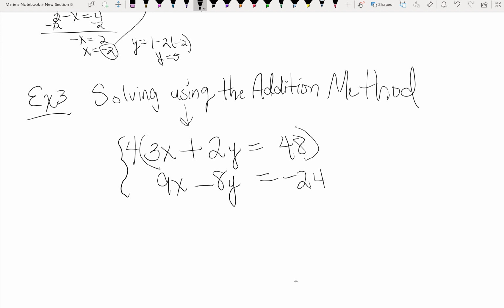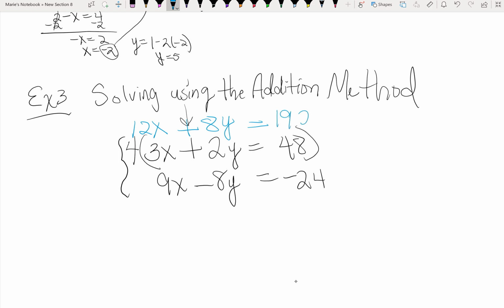So this line up here is going to become 12x plus 8y equal to, and then 48 times 4, 192?